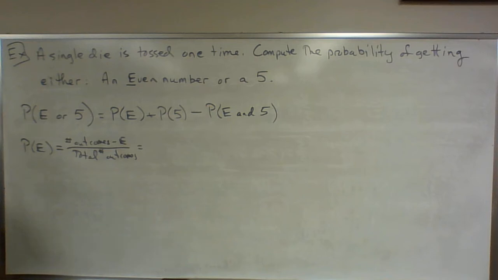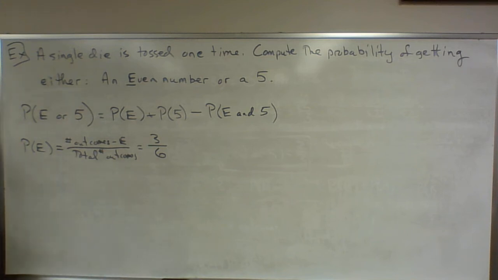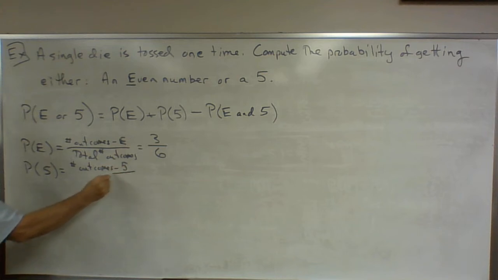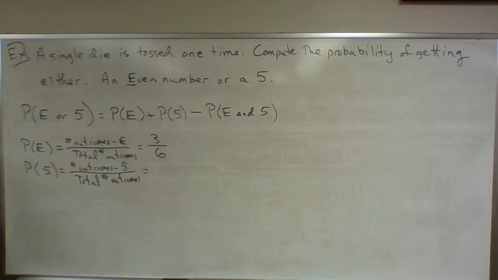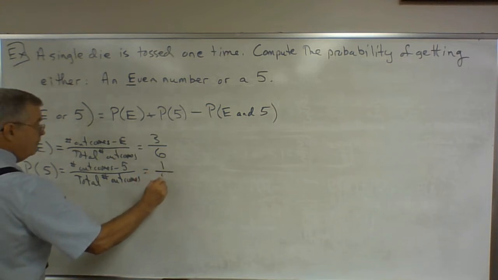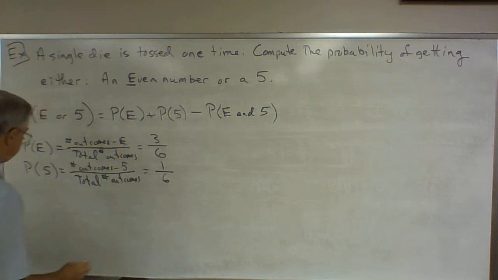There are 3 ways we can get an even number, 2, 4, or 6, over 6 total outcomes. Probability of getting a 5, number of outcomes resulting in a 5 over total number of outcomes. There's only one way we can get a 5 with a single die, and total number of outcomes is 6.